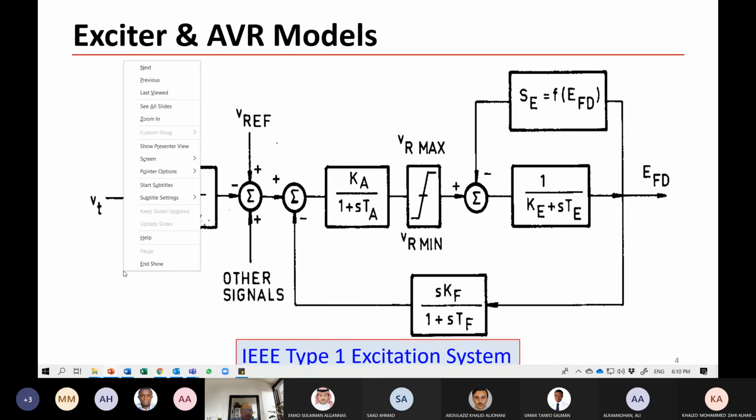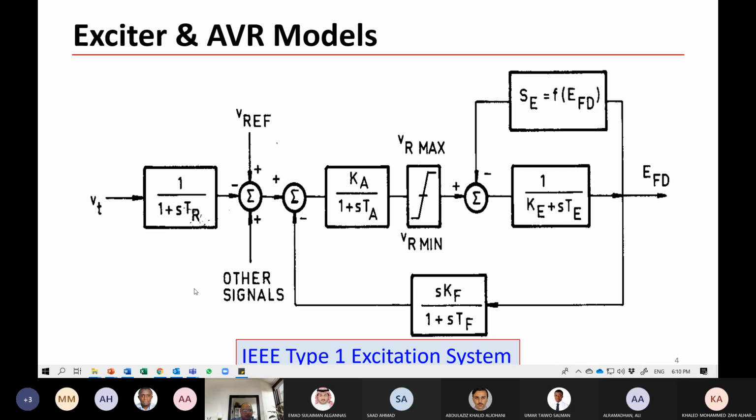So this is the block diagram of the exciter and the automatic voltage regulator. This is the terminal voltage. You measure the terminal voltage and compare it with V reference.